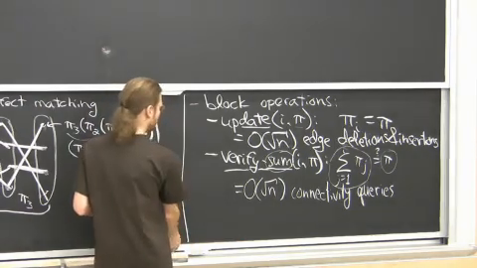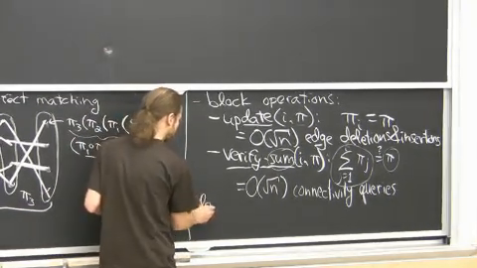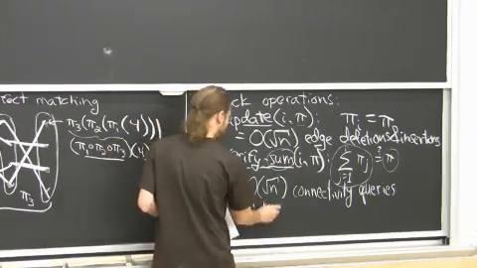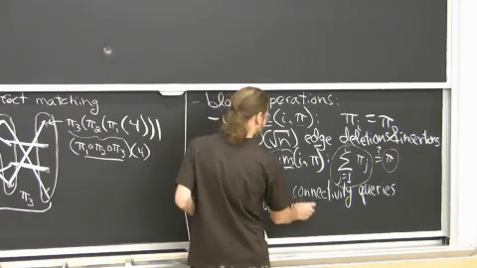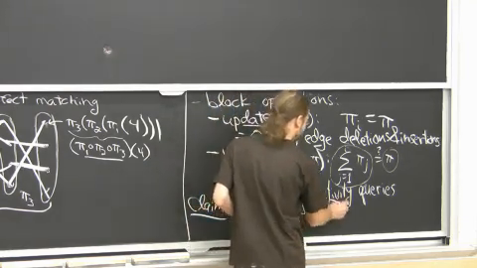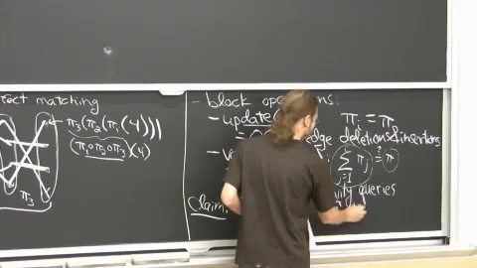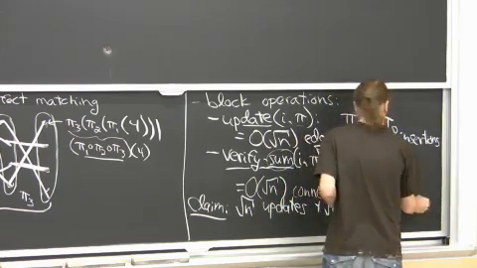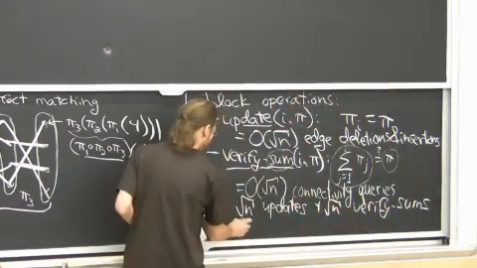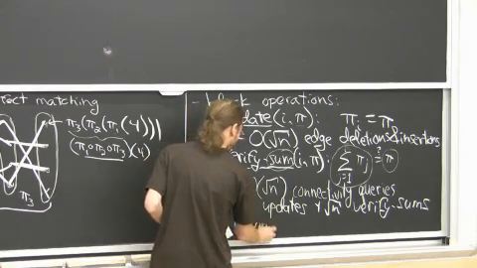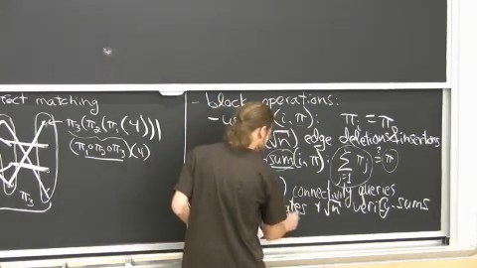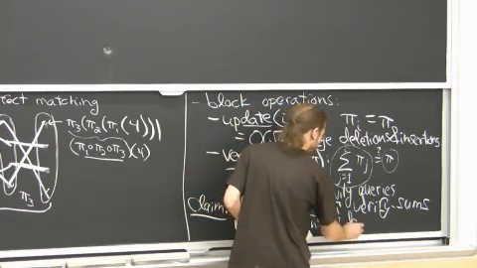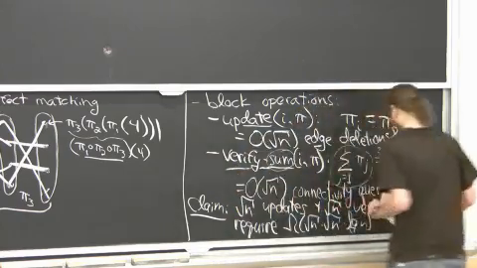So what we claim is that square root of n updates, these block updates, plus square root of n verify sum queries require root n times root n log n cell probes.